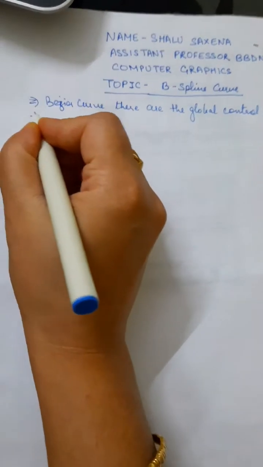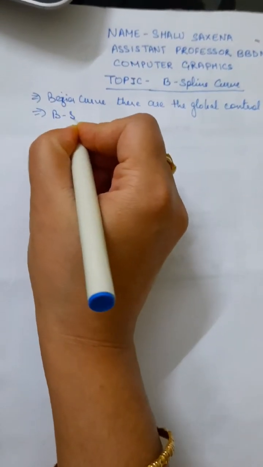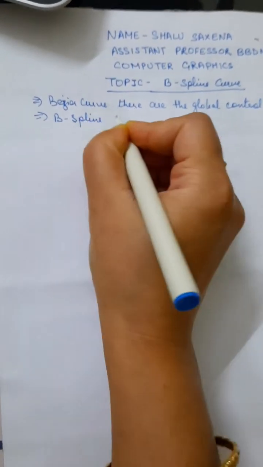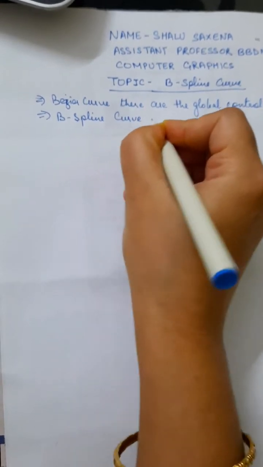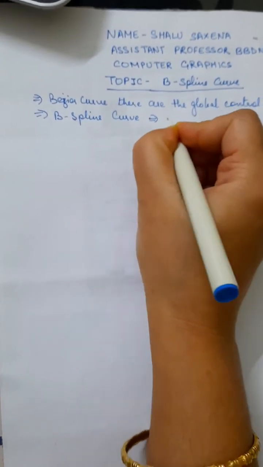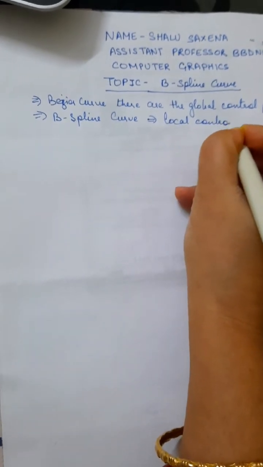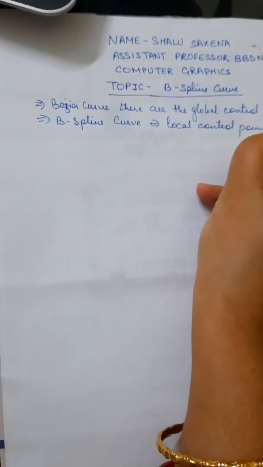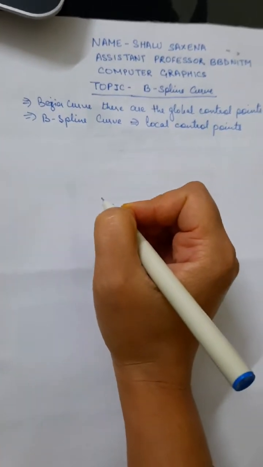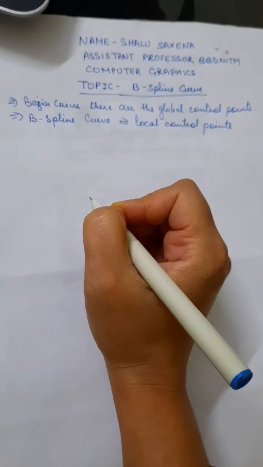But in B-spline curve, we see that there are the local control points. So now let's see the difference between the global control points and the local control points.